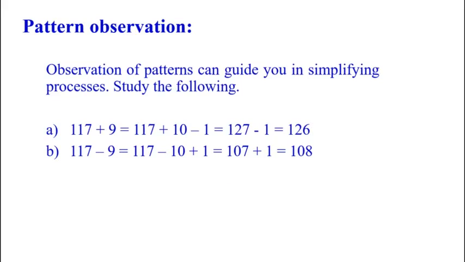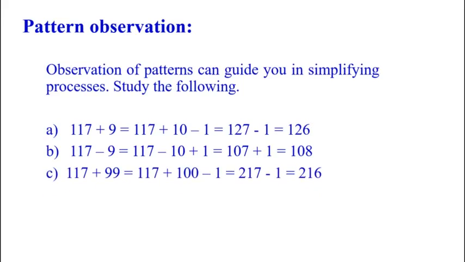Second, 117 minus 9 is equal to 117 minus 10 plus 1. Minus 9 can be written as minus 10 plus 1. That is equal to 107 plus 1 is equal to 108. Then 117 plus 99 is equal to 117 plus 100 minus 1.